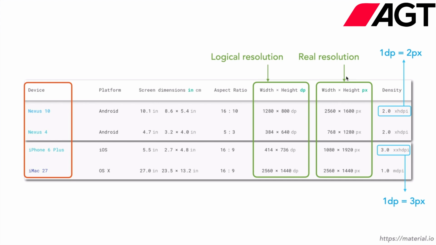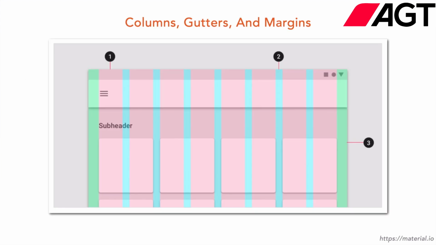So that the images or the sizes of the views would all appear uniformly on screens of different density.